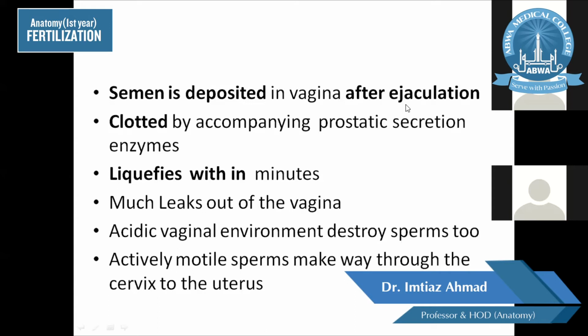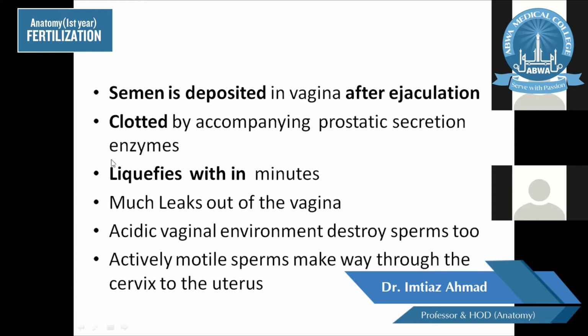After ejaculation, meaning thereby after the sperms are out of the penis, they are deposited in the vagina. The accompanying prostatic secretions cause the semen to be clotted as a curd-like structure, not a fluid thing.